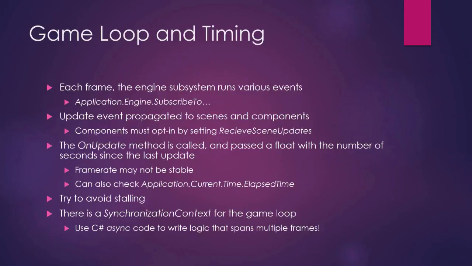So if you have some code running, for example, in an update handler, you might start an animation, and that animation might return a task that represents when that animation completes. You can await that, and you're not going to block the game loop. But because we have a synchronization context, it will resume in the game thread on the game loop when that task is done.